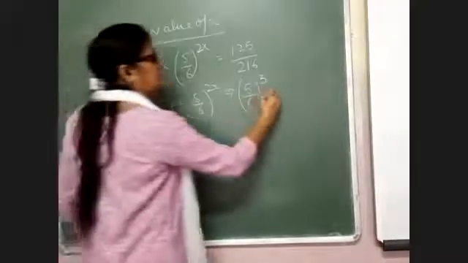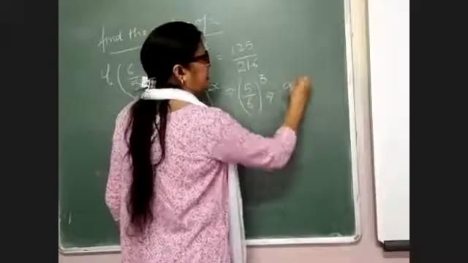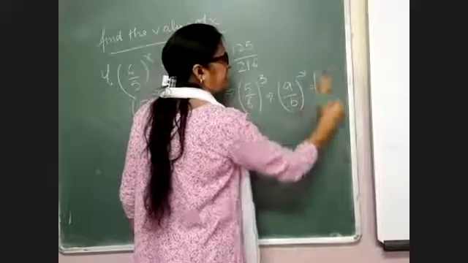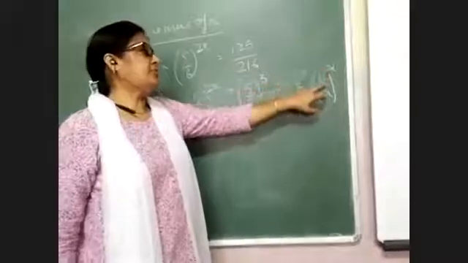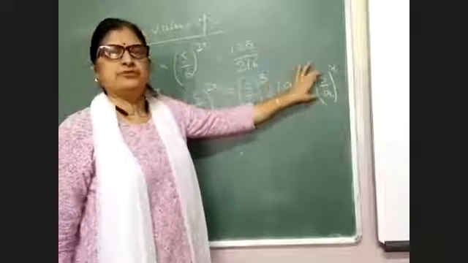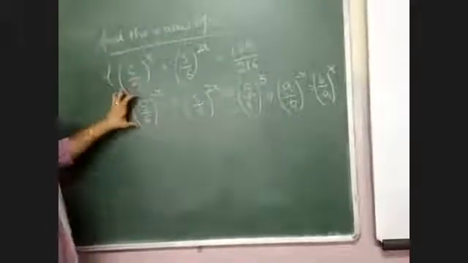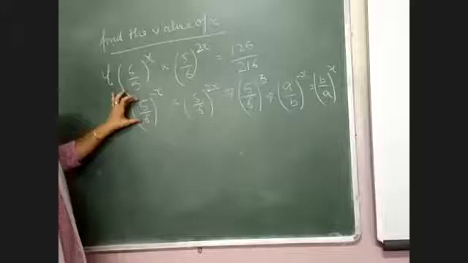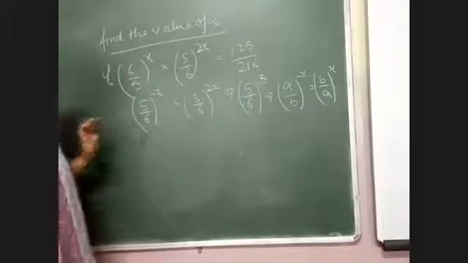I already told you yesterday the law: a upon b raised to the power minus x becomes b upon a raised to the power x. When the power becomes positive, we take the reciprocal of the base. Now I apply this rule here. We take the reciprocal of 6 upon 5, it becomes 5 upon 6 and the power becomes minus x.